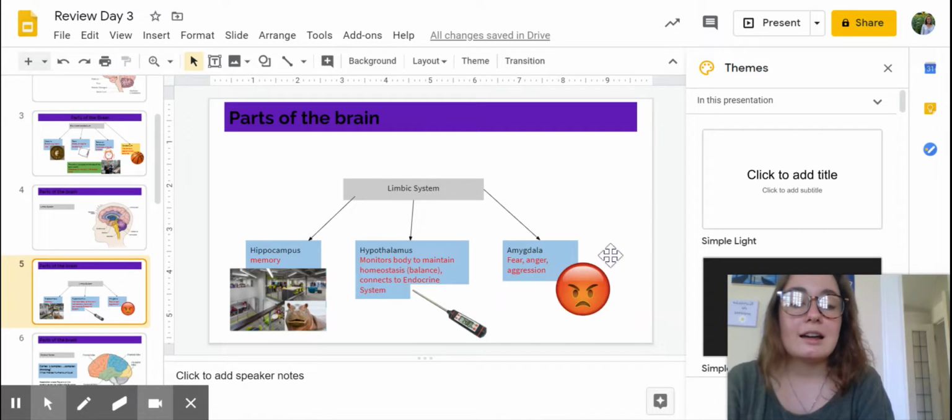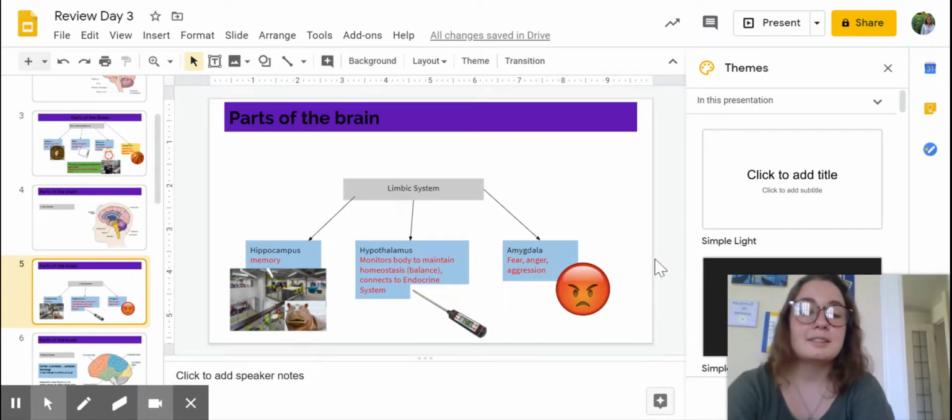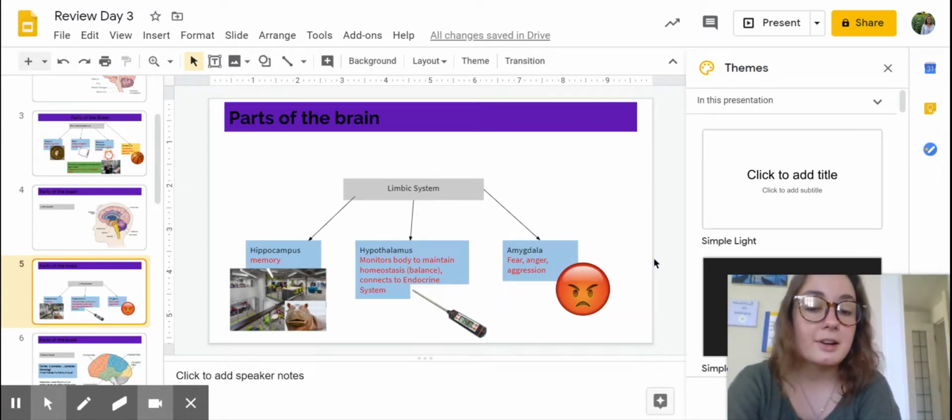Okay, then we got amygdala. So you can think of that. It's fear, anger, aggression, right? So we have angry, Amy, anything, right? Angry, amygdala. The guy said amygdala because it's scary. So amygdala is very important in forming those meaningful memories with fear, and also kind of your fight or flight response if you're feeling scared, that kind of a thing.